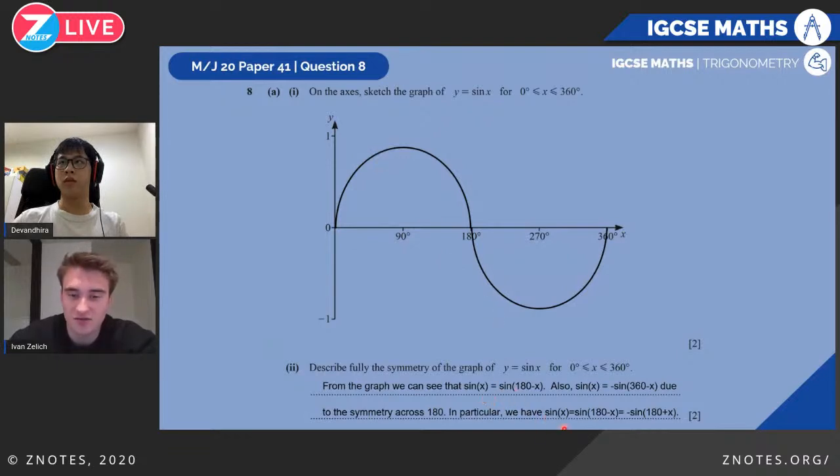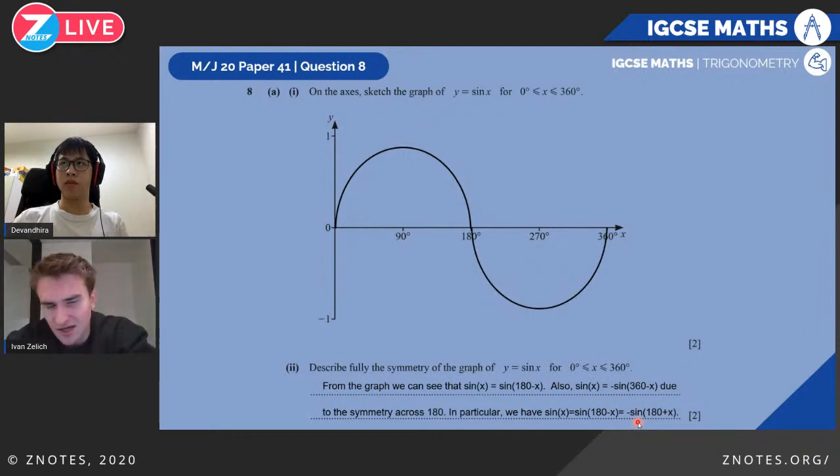So sine of x equals sine of 180 minus x. And if you take 360 minus 180 minus x, you get 180 plus x, and that makes it negative. So in fact, sine of x also equals negative sine of 180 plus x. So these are the symmetries I could find.